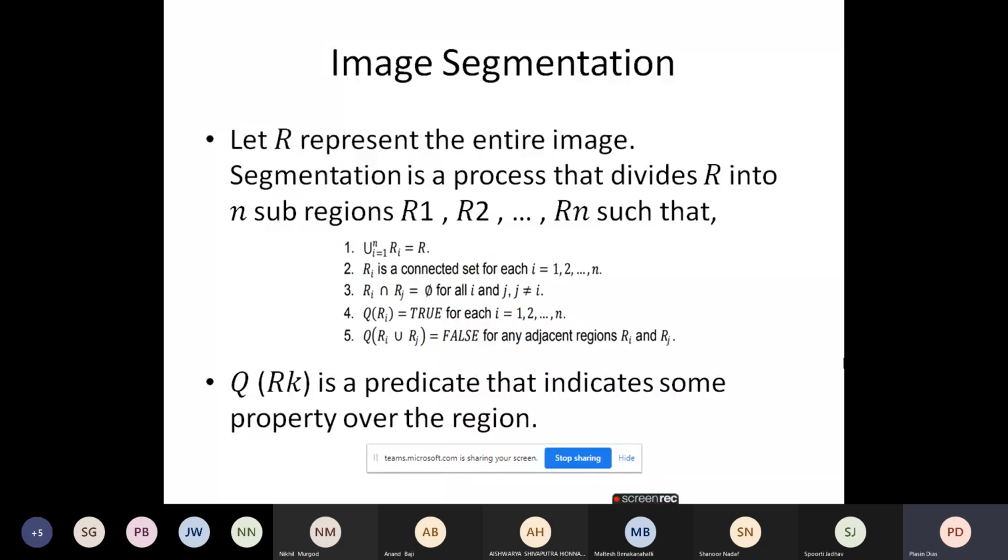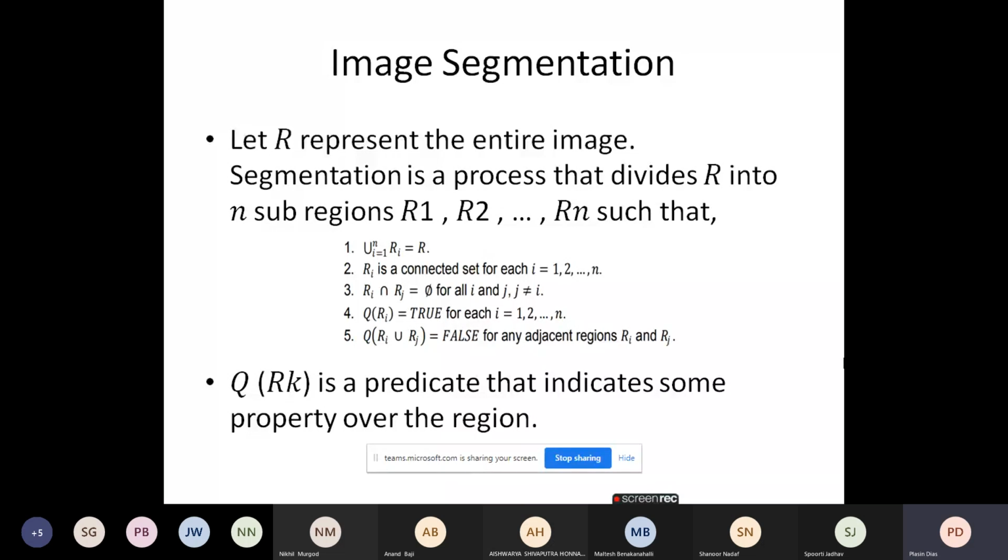When we consider segmentation, it is a process, and we have to partition R into some n subregions. R is divided into n regions, so that partition can be renamed R1, R2, R3 till Rn.